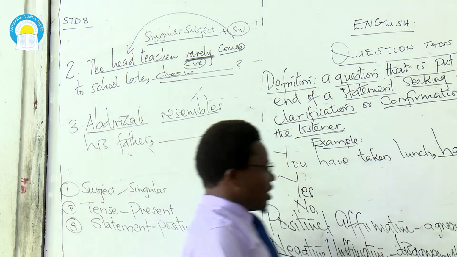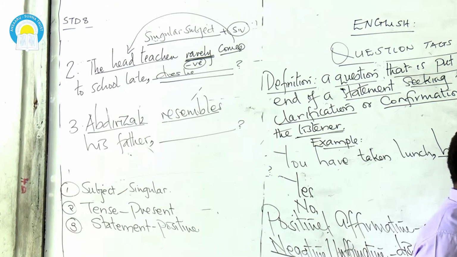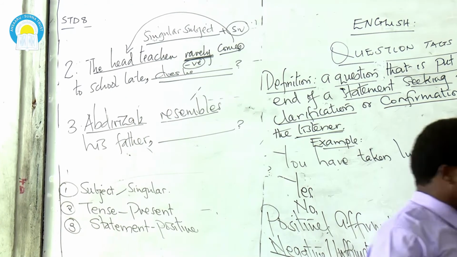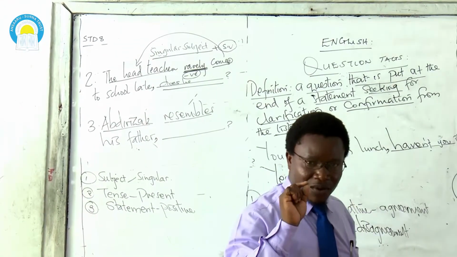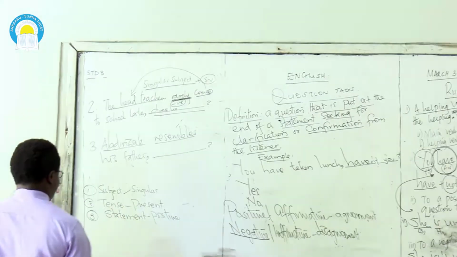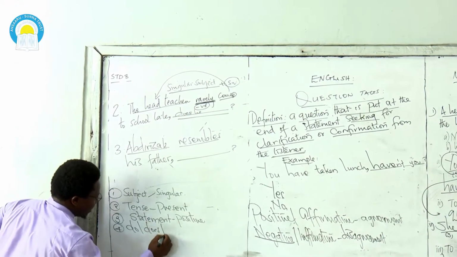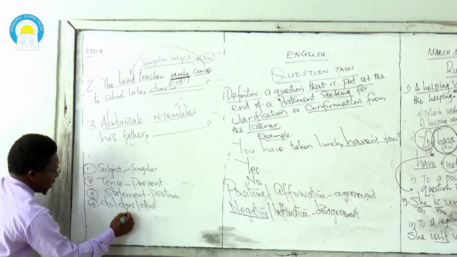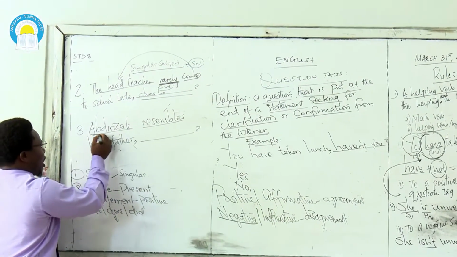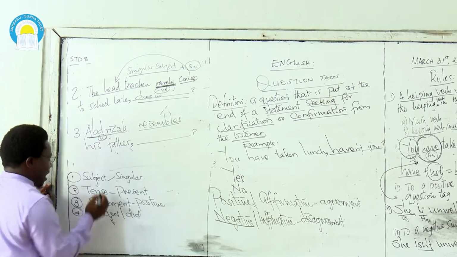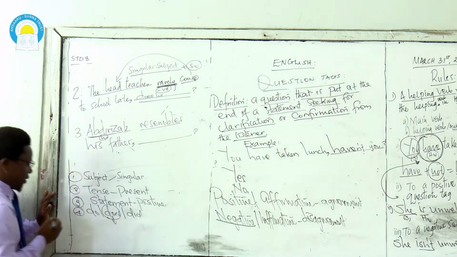Very fast, you remind yourself that to a positive statement or sentence, we are entitled to add a negative question tag. Therefore, relate the 3 with the do, does, and did. As I say, Abrizak is singular and is a he. Therefore, he goes with the does.